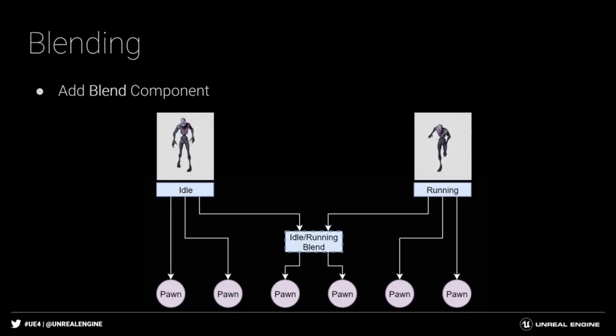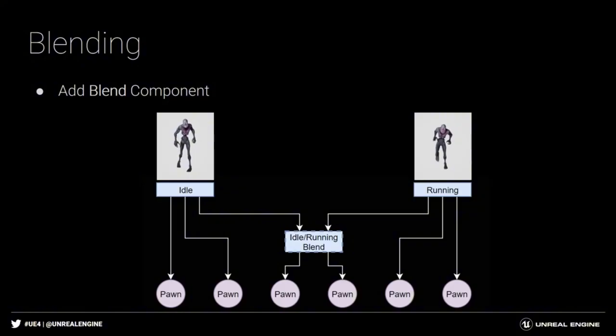So for blending, what we actually do, we take the poses from the 2 states that the instance is moving between, and then we use an animation blueprint to blend those 2 poses, and then we distribute those over the instances, which is really cool because whenever 2 or 3 or an X number of AIs are actually moving between the same states, we can actually share this blend as well.